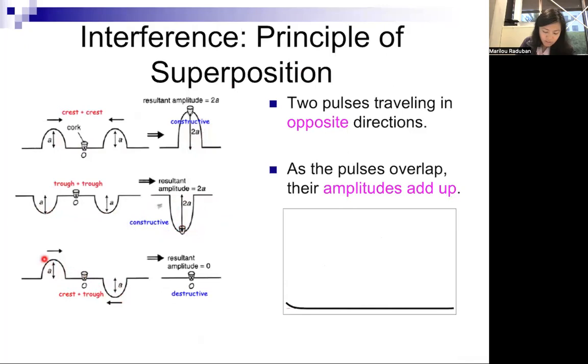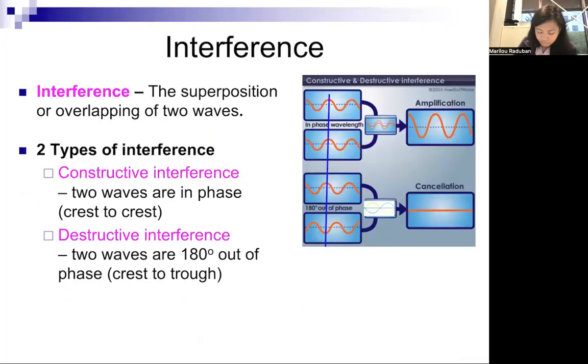You can think of it as a positive amplitude adding up with a negative amplitude, and you have this cancellation of the amplitudes, and we call that destructive superposition. Okay, right now with waves, we can have the superposition or overlapping of the two waves, which we call interference. It's the same concept when the two waves are in phase.